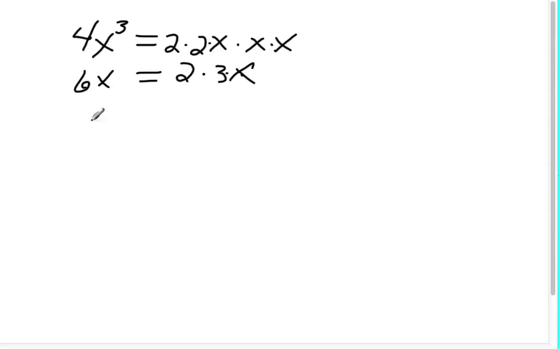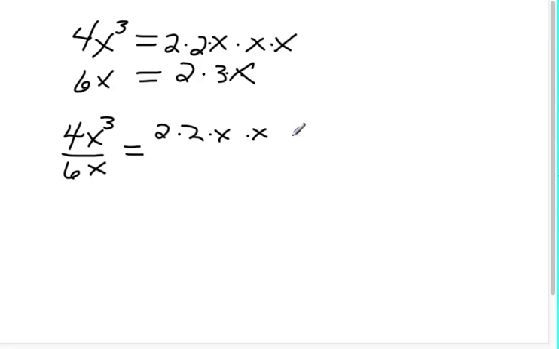So another way you could do this is to write the factors in the numerator and the denominator. If you wanted to factor 4x cubed and 6x, I'm going to write down the problem, 4x cubed over 6x. I could go 2 times x times x times x over 2 times 3 times x. And I'm going to use a different colored pen so we don't confuse what I'm doing.